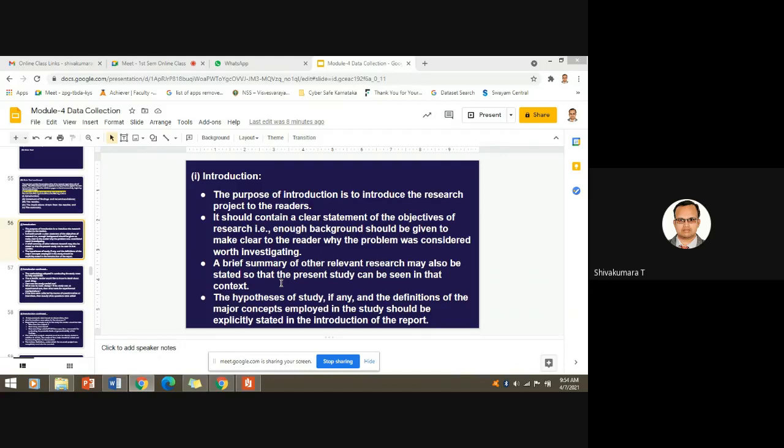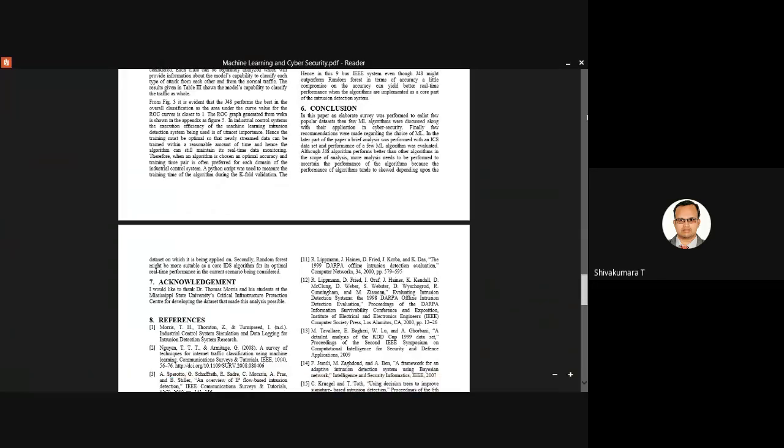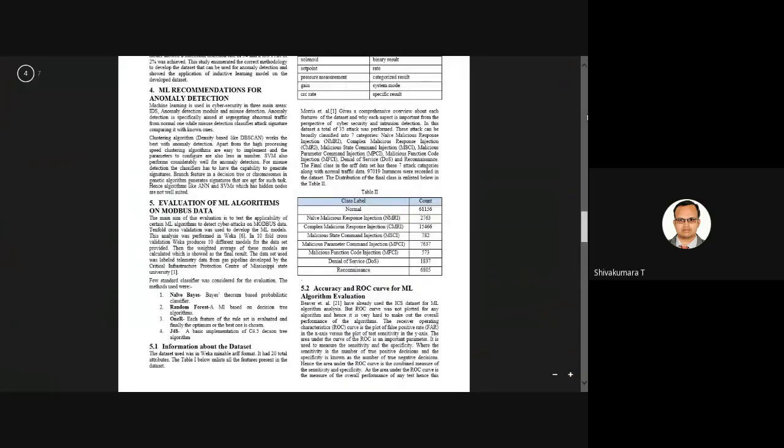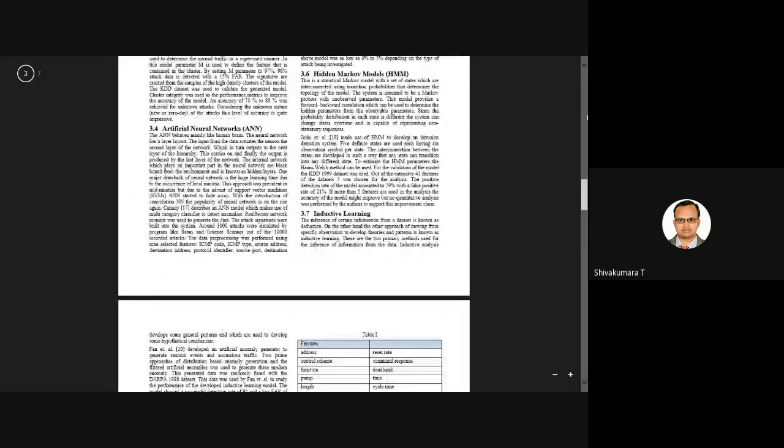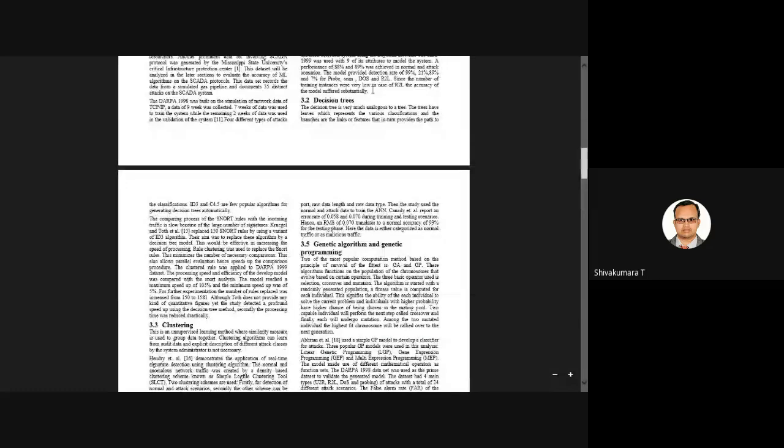By knowing the earlier literature, the hypothesis of the study, if you are defining any hypothesis, and the definition of major concepts employed in the study. In this paper, the major concepts are algorithms, some predefined algorithms like artificial neural networks, inductive learning, hidden Markov models, and decision trees.